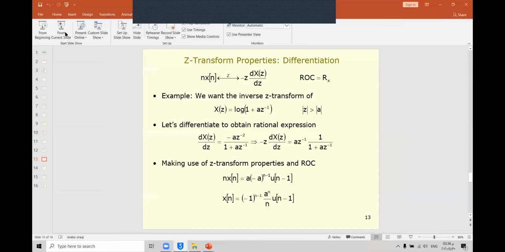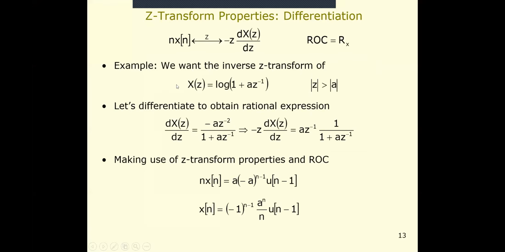Now, to really understand this example, you have to give me your attention. Example: we want the inverse z transformation of X of z equals log of 1 plus a z to the minus 1.